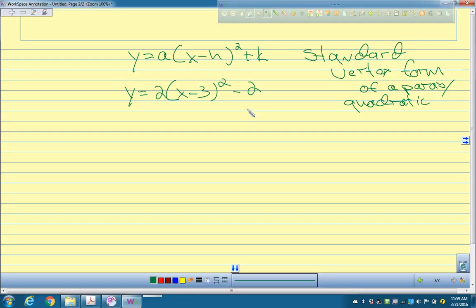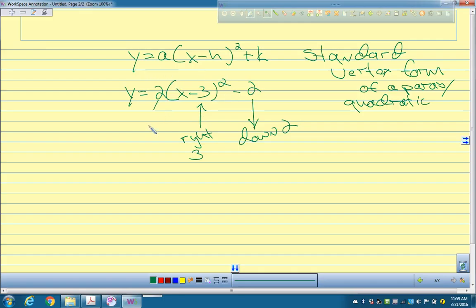This moves it down 2. What does this do to your graph? It moves it right. So inside the parentheses, it moves it the opposite of what you would think. The negative sign moves it to the right. If it's a positive sign, some of you discovered it moves it to the left, right?